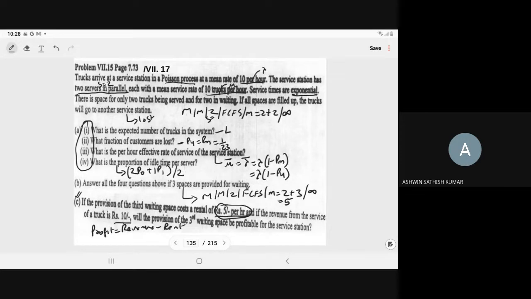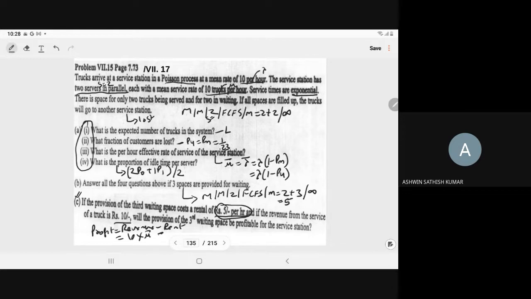Revenue you are getting from the service of trucks. So per hour revenue will be 10 into mu bar. And how much rent per hour you have to give?